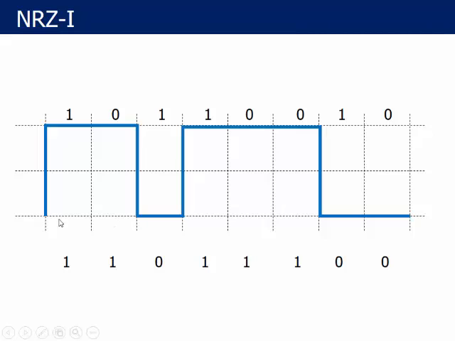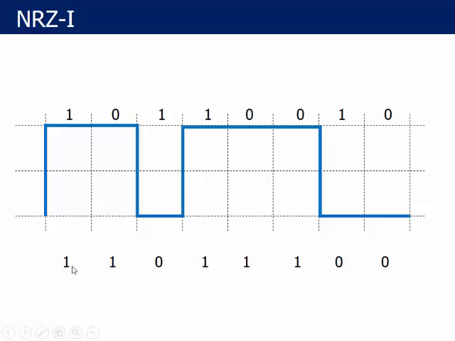So at the end of this encoding, you might have 11011100, which is the encoded value. The 1 means there is a high value, low, high, low, high, and low and low. So given the data set 1011 0010, after the encoding in the inverted way, the data will be 11011100.